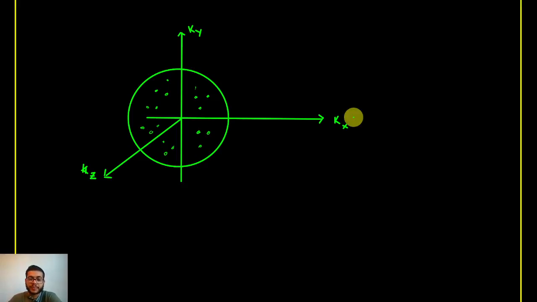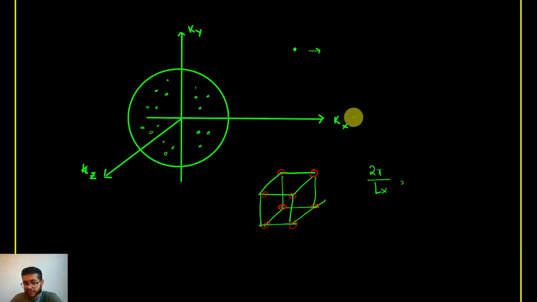So every point has how much volume? For example, let's say we take a unit cell in this k space, and at each of its corners there are some allowed k points, and the lengths of these sides are 2 pi by Lx, 2 pi by Ly, and 2 pi by Lz.